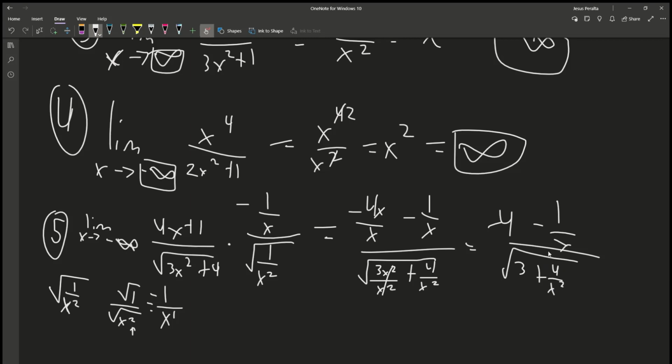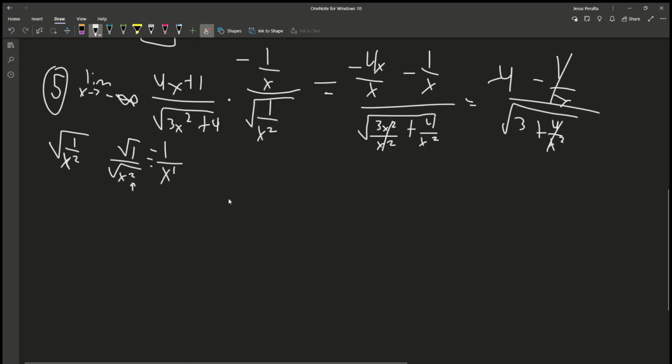Now from here we see that in the rules that we have, whenever an x is in the denominator, it is equal to 0. So this just goes away, this goes away. So then in the end, we have negative 4 over the square root of 3.